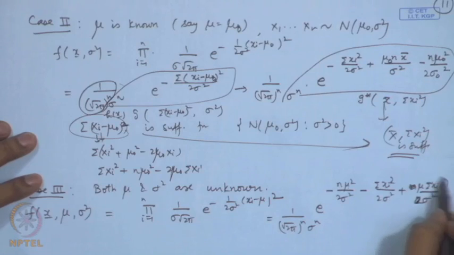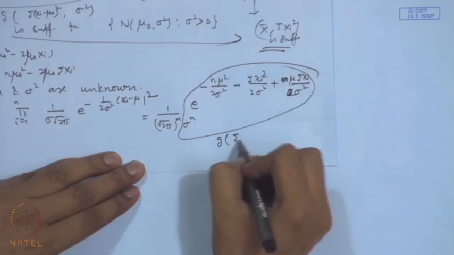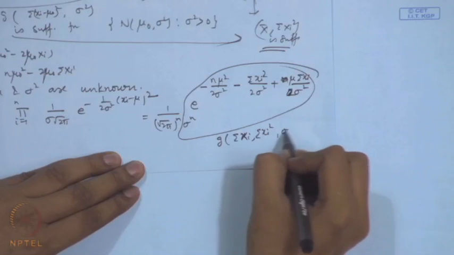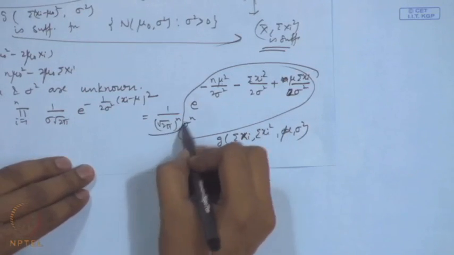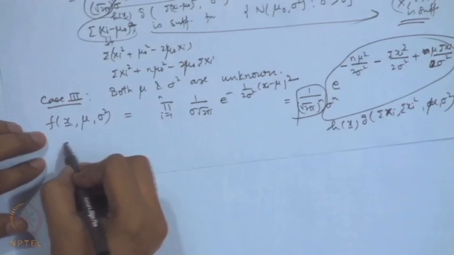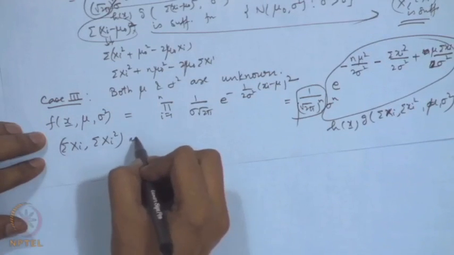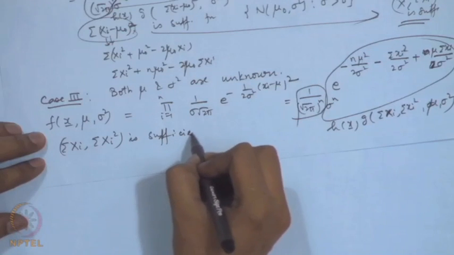So, this term is a function of sigma x I square and mu and sigma square, and this term you can call h x. So, we conclude that sigma x I square is sufficient. Here you can see that a further reduction is not possible.